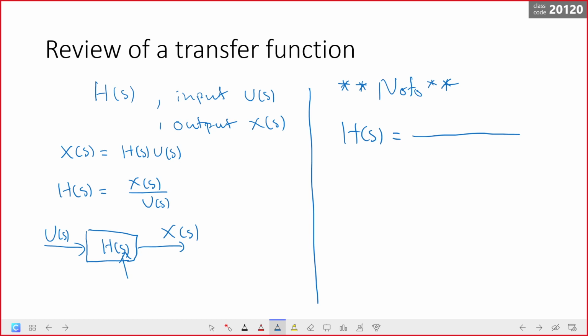Let's say for the numerator, we have degree m.